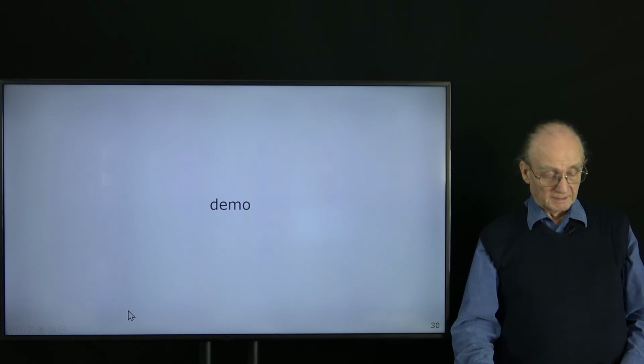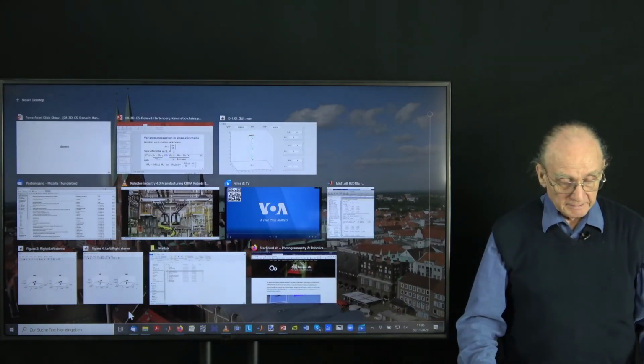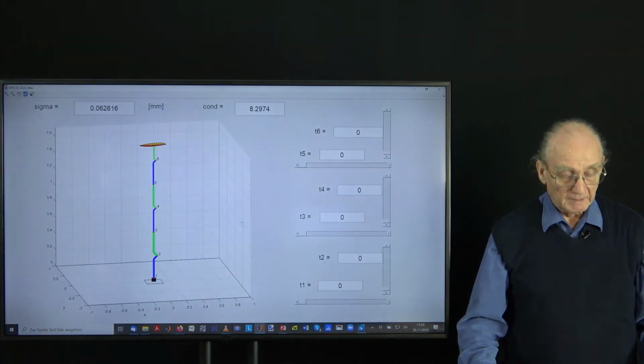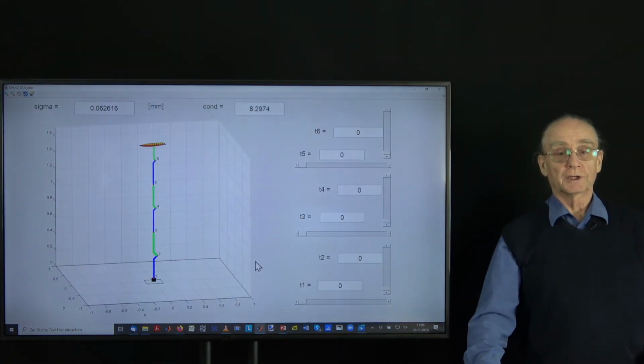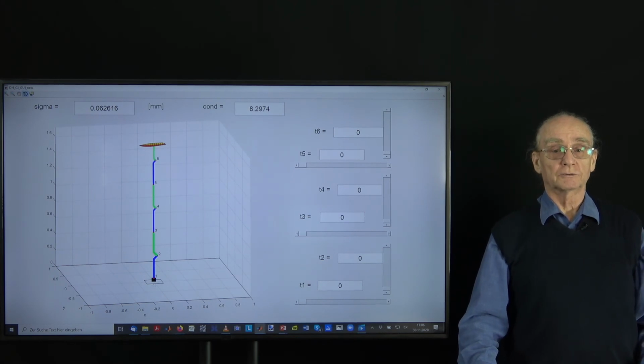Okay, let's have a demo and have a look. I show you here an animation. So you see here a plot of the robot arm. Here you have the basic coordinate system.